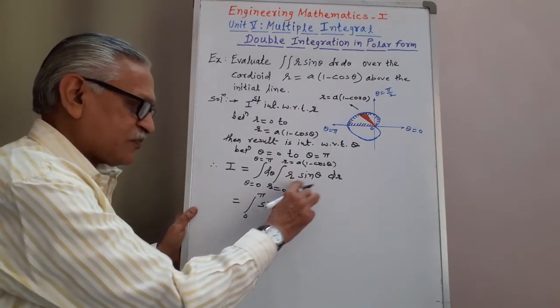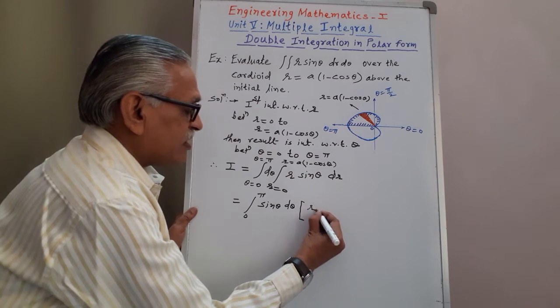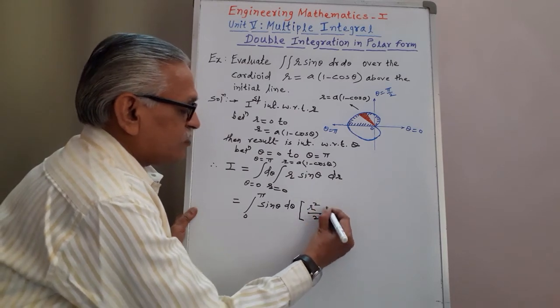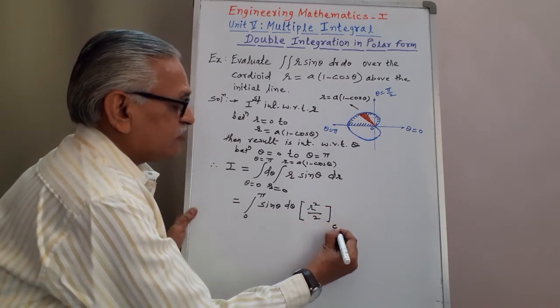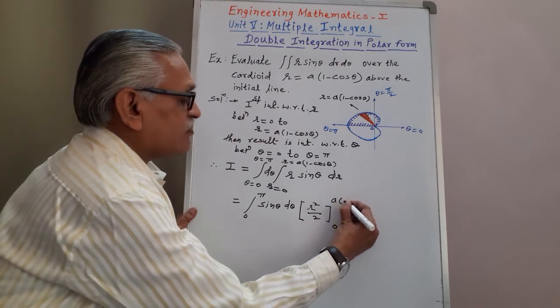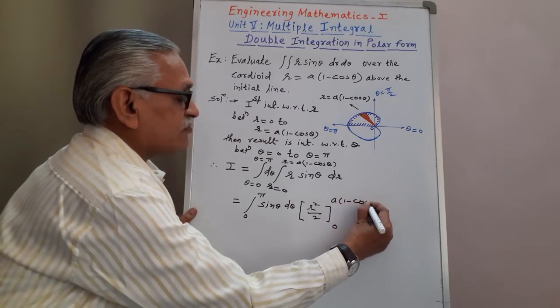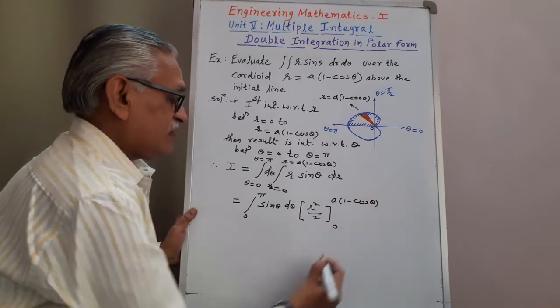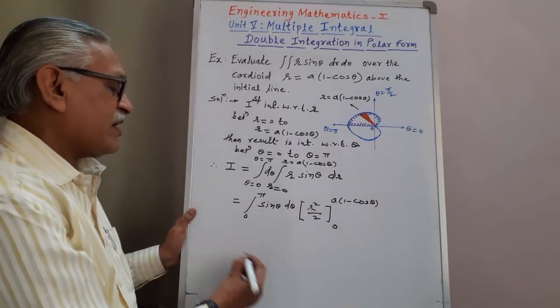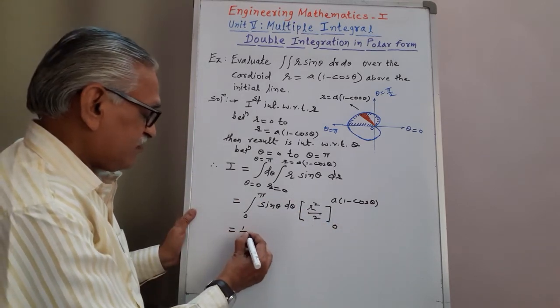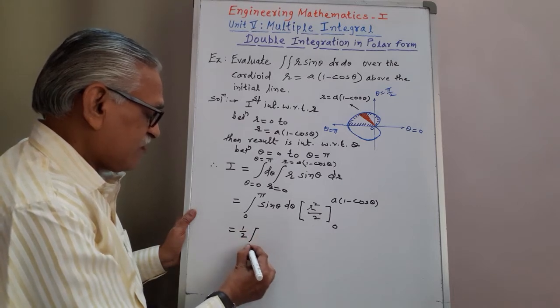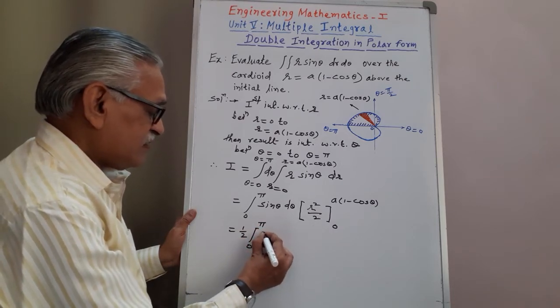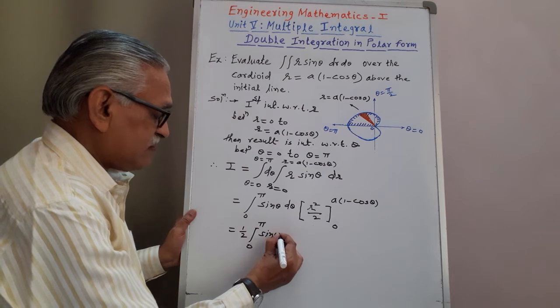Integration of r with respect to r is r square by 2, and limit from 0 to a into 1 minus cos theta. Okay, 1 by 2 constant, we can take it outside. Integral from 0 to pi, sin theta as it is.